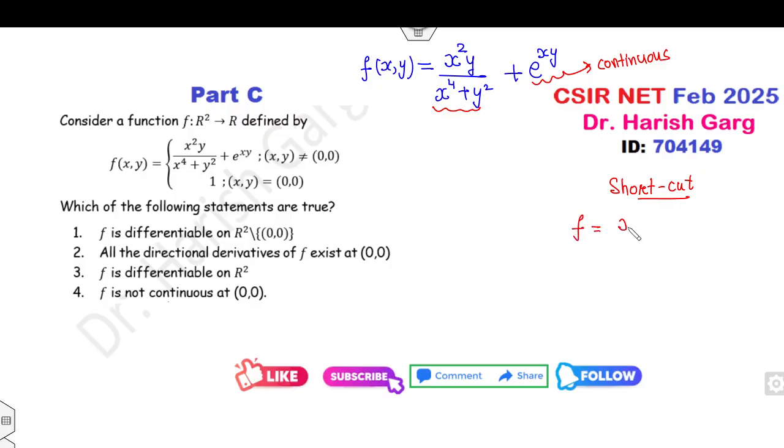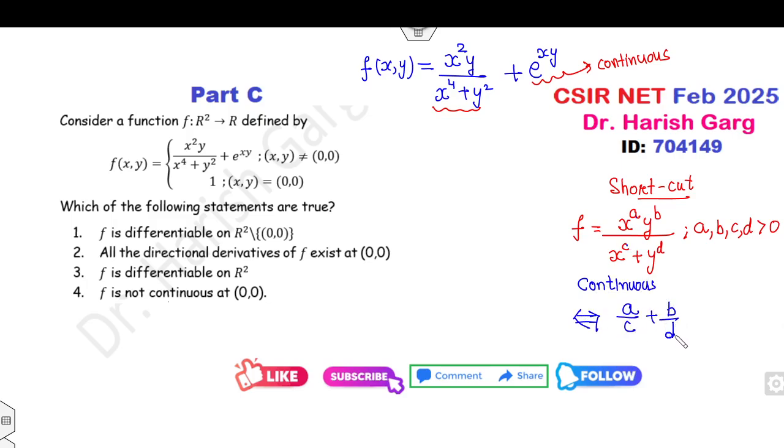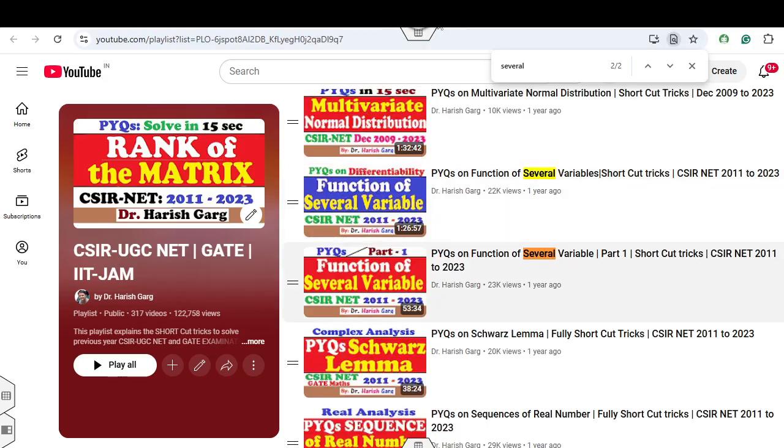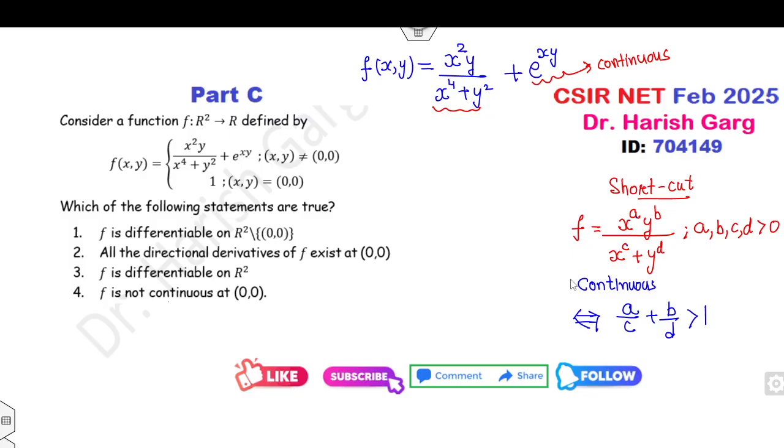Whenever you have a function of x raised to power a, y raised to power b, over x raised to power c, y raised to power d, where a, b, c, d are all greater than 0, then the function is continuous if and only if a over c plus b over d is greater than 1. If you watch these two lectures, the differentiability lecture and the continuity lecture, you can see this shortcut.